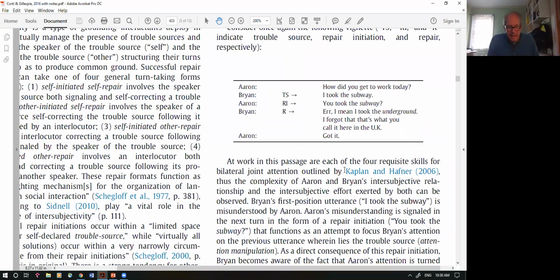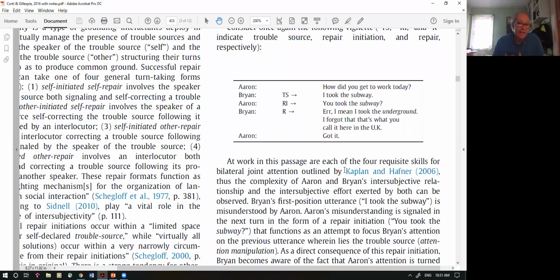I think the best way to think about repair with respect to adjacency pairs is this. An adjacency pair is something that people use in a way as shortcuts in their interaction. So you do them to get particular work done. If I want somebody to shut the door, I might say, could you please shut the door?